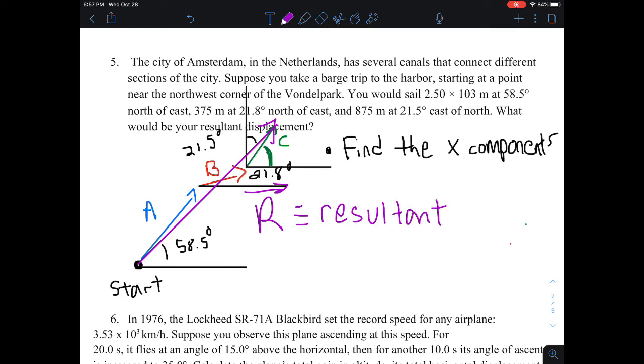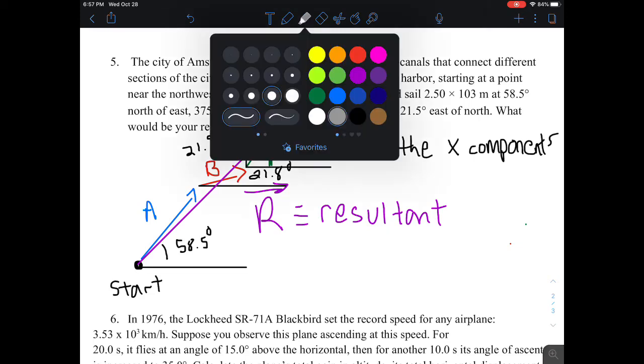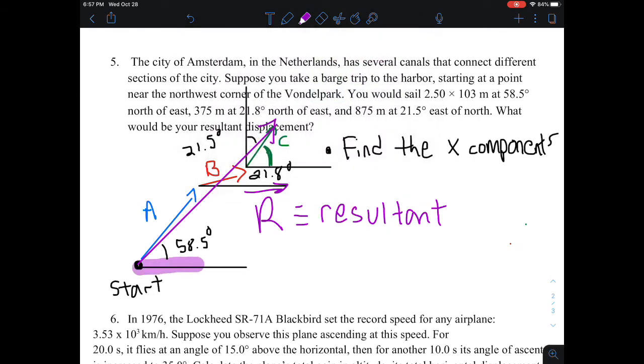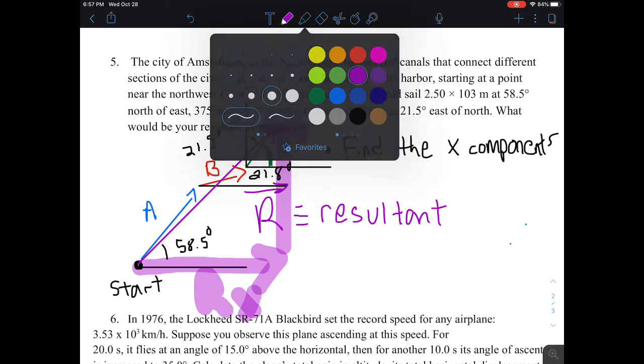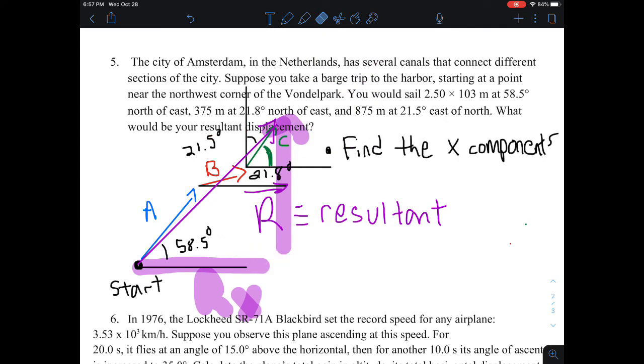And if I want the length of that, I can add up all the x parts, and then I can use all the y parts and use Pythagoras. We have just calculated all the x parts. So we can find the total r sub x, or the x component of the resultant vector.